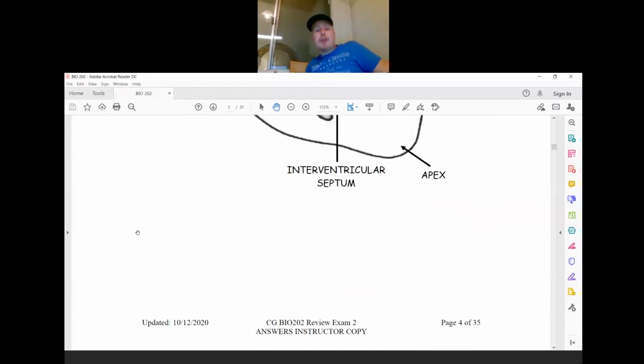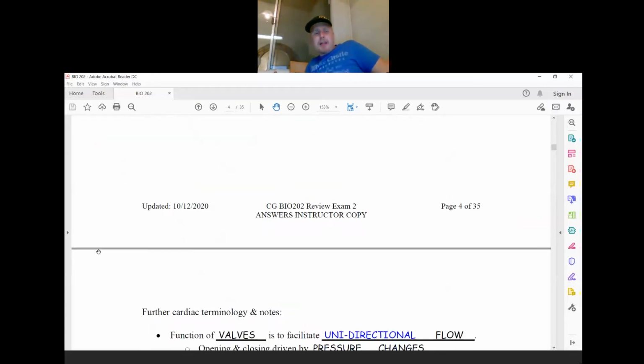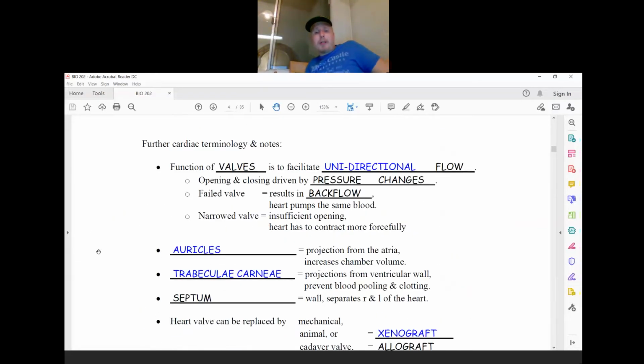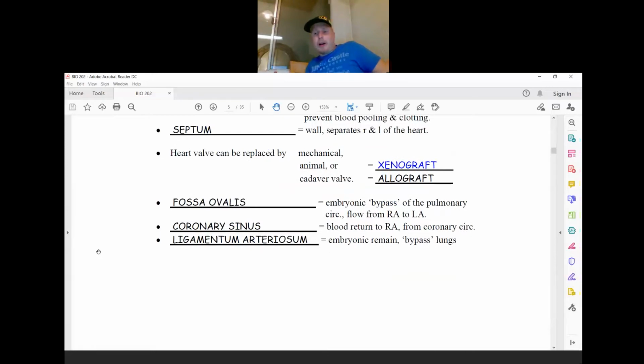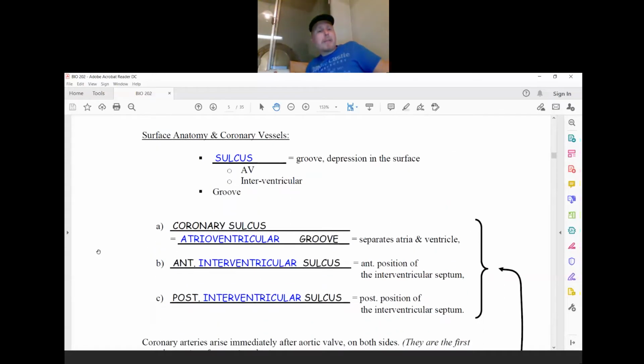That has usually some sort of a remain in an adult, even that we can see if you do a good dissection work. So that's a little structure that goes from pulmonary trunk to aorta, so it helps us to bypass the lungs again, but becomes less important and closes as we are born, in postnatal life.